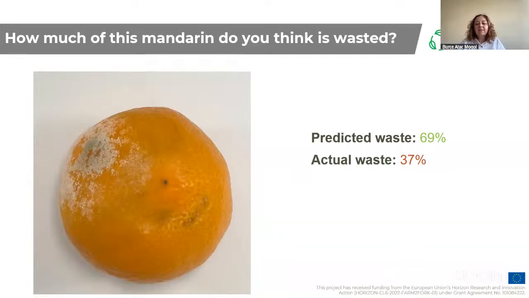Yeah, because there are some natures of the fruits. In this case, for example, it has the peel. And also there are some color changes you will see when you look carefully. There's a translucent part, not the color-changed moldy part, but some kind of translucent part that has already gone bad. In the predicted waste, from this angle, the model predicted like 70% waste, but the actual waste is actually not that bad, but it also includes the peel.